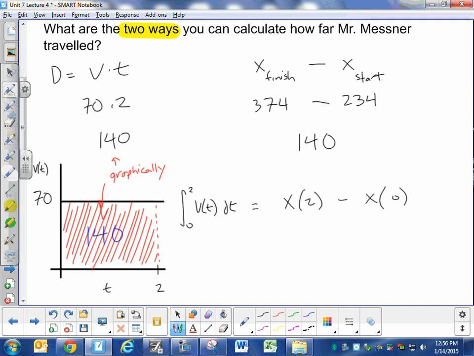What's the relationship between velocity and position? If I take the derivative of position, I get velocity, right? If I take the antiderivative of velocity, I get position.